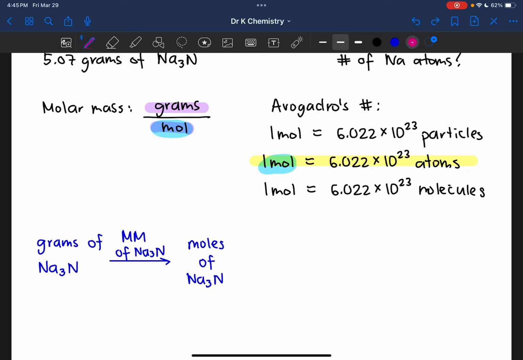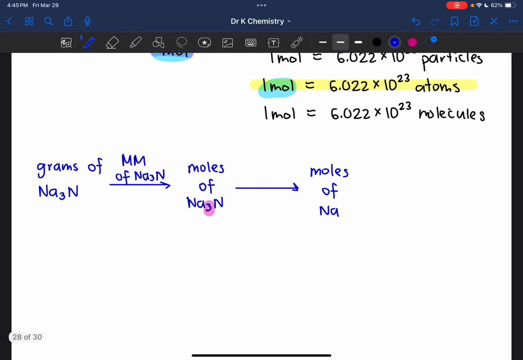Which means that once I have moles of sodium nitride, I really want to convert that to moles of sodium, just moles of sodium by itself, because I don't need the whole compound. I need just sodium. And I can get that using the formula subscript, because the formula subscript here is telling me that for every 1 mole of the entire compound, so 1 mole of sodium nitride, I have 3 moles of just sodium.